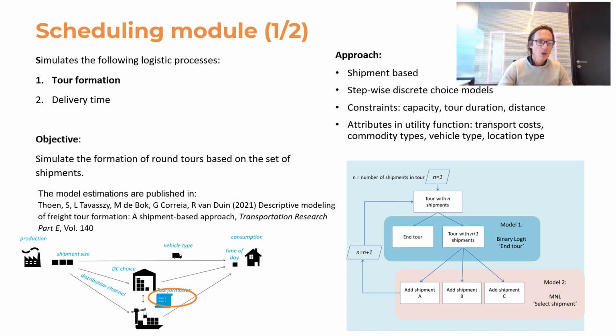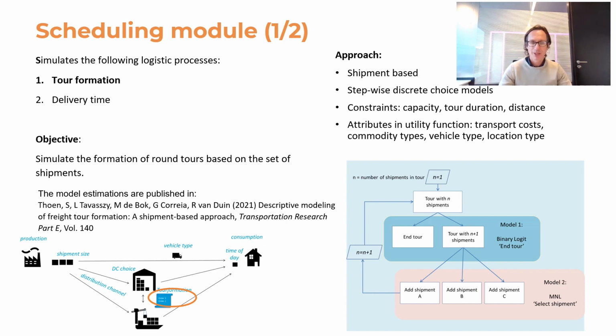Now, if we go into the two different steps in this module in more detail, first of all, tour formation. And having a tour-based approach is crucial in having a better representation of urban freight traffic, because many of the urban freight transportation that takes place is part of a round tour. So what this model does was to simulate the formation of round tours.